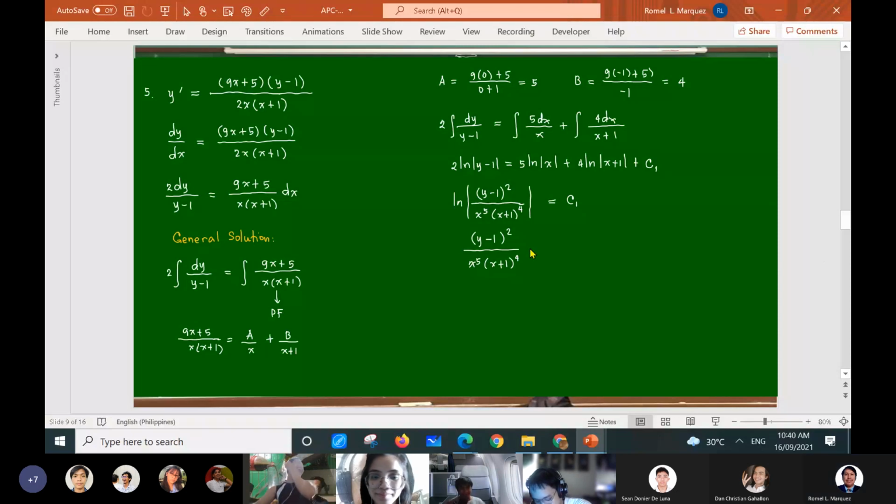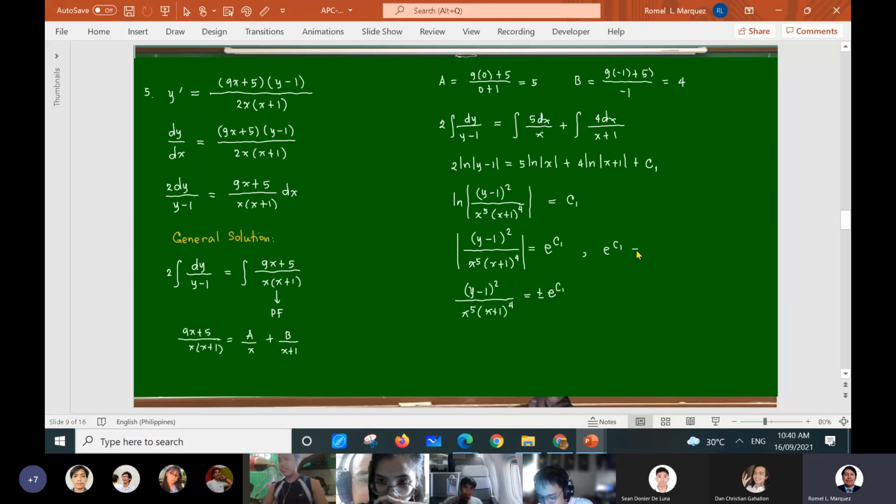Okay? Then, I can let this be simply a constant. By the way, may absolute value pa rito, no? So, pag inalis ko yung absolute value, plus or minus on the other side, equals plus or minus e to the C sub 1.